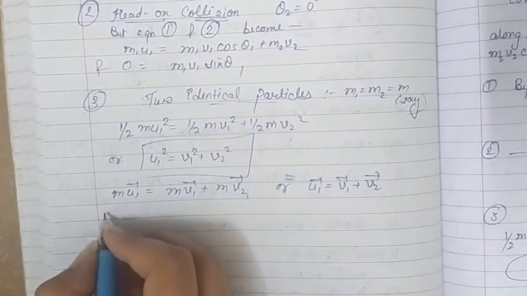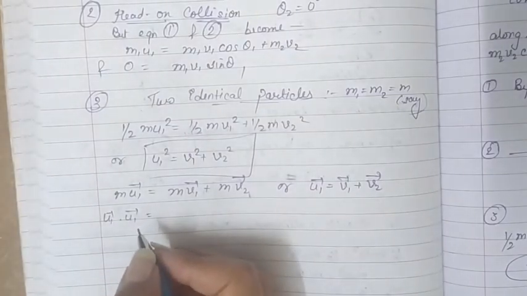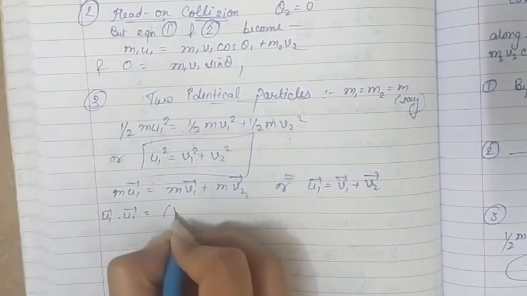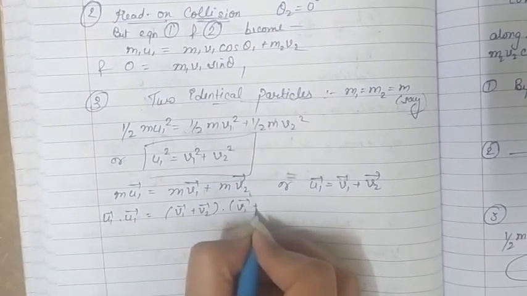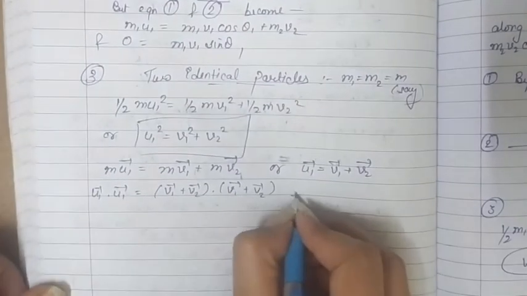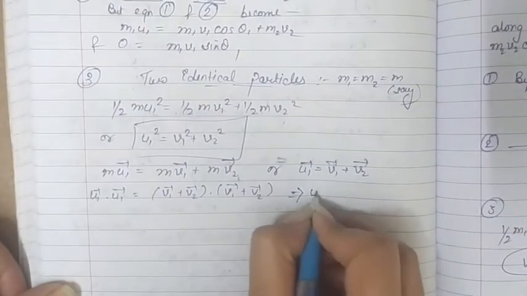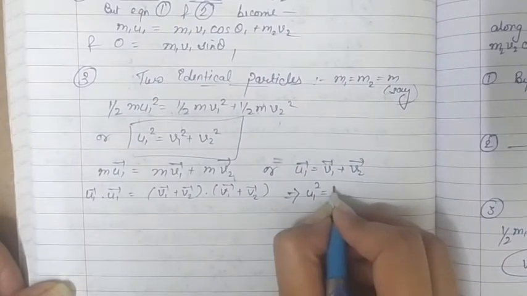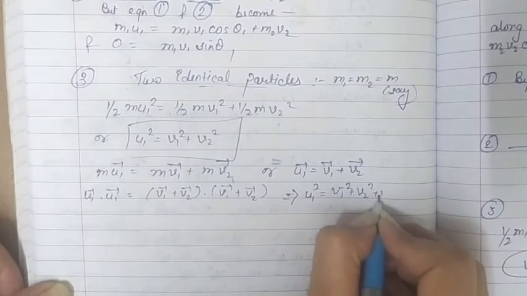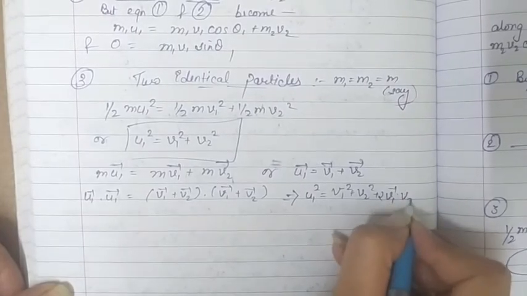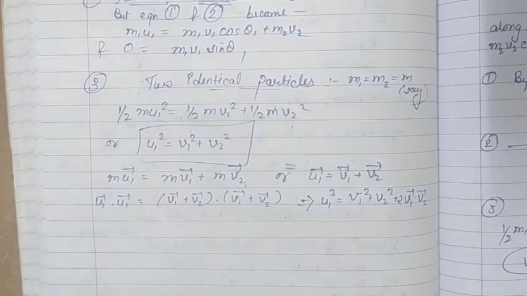So if we calculate u1 vector dot u1 vector, we get its value as v1 vector plus v2 vector dot v1 vector plus v2 vector, and by solving this dot product we get the answer u1 square is equal to v1 square plus v2 square plus 2 v1 dot v2.